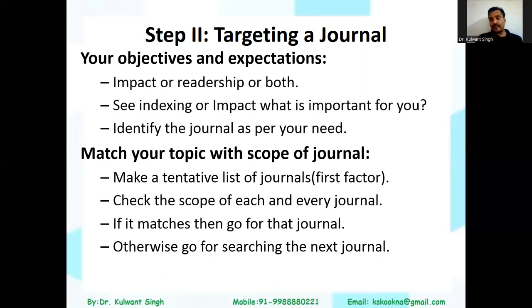So from the list, check the scope of each and every journal. If it matches, then go for that particular journal. Otherwise, go on searching for the next journal. So check one by one, and in this way we can select a particular journal whose scope matches the topic of the review paper.